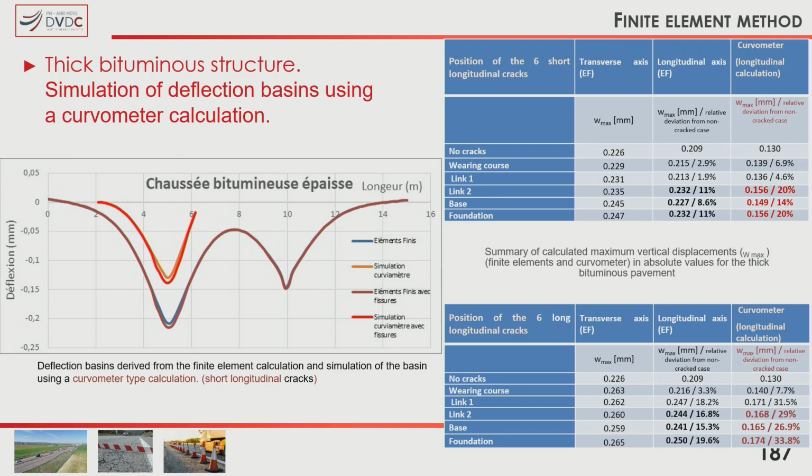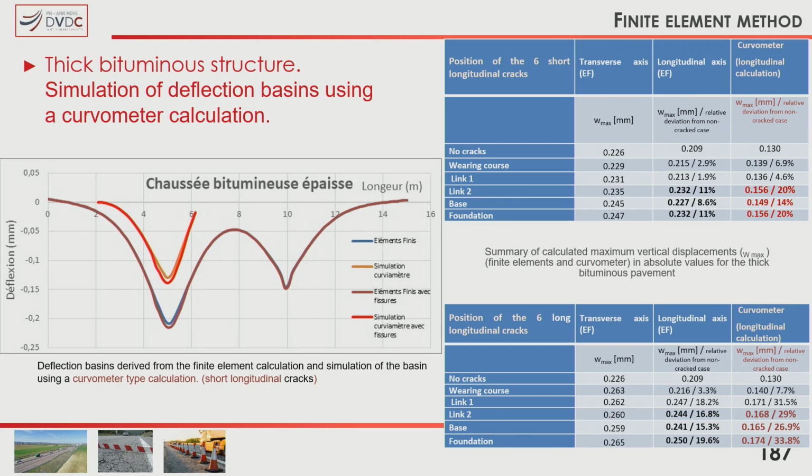We see in what we present here, whether we are talking about longitudinal cracks that are long or short, 1 to 9 meters, a sensitivity that's about the same between absolute deflection and the simulation on a curvometer, an increase of 10 to 20% compared to the non-cracked surfaces, and for the longer ones we have 20 to 30% of increase.